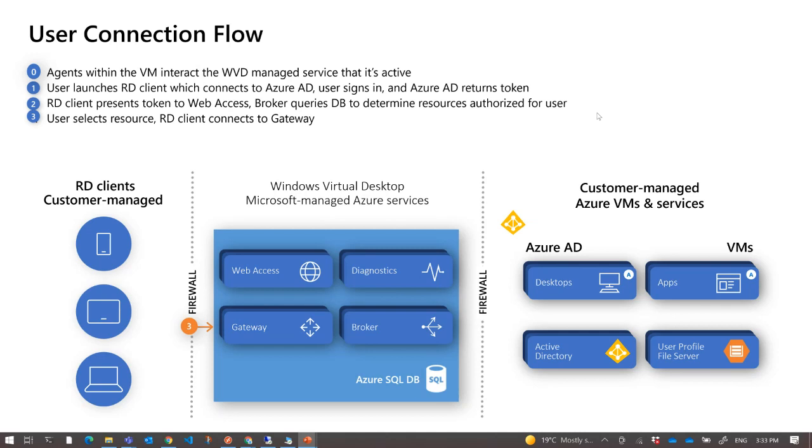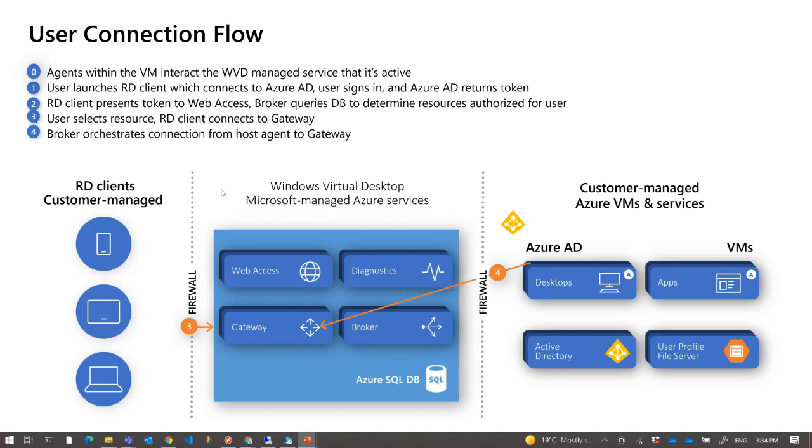Once it's done, the user selects the application, it connects to the gateway, and it uses an encrypted connection on port 443. You basically access those VMs using the gateway. Once you go through the gateway, it just makes a connection, and whether it is a desktop or an application, you get connected to it. So that's how the connection flow works.